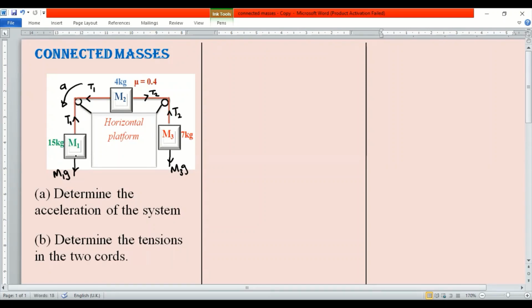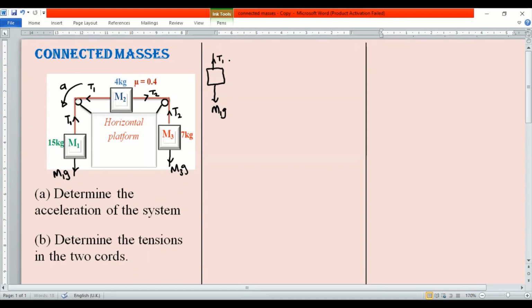Now, if we consider this mass M1, you have it this way. So it moves downward, M1G, and this is the tension, T1.